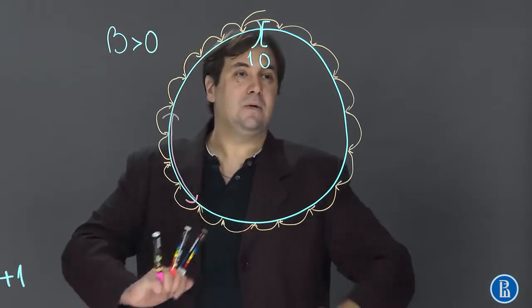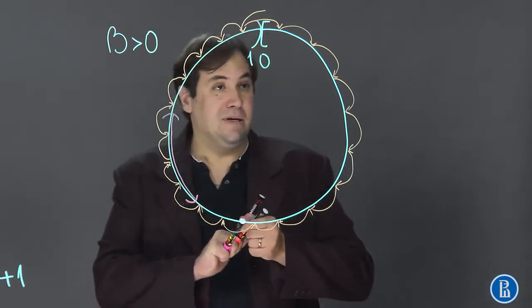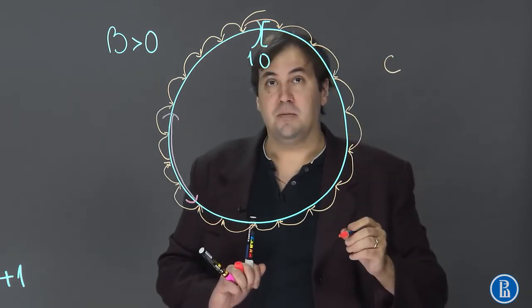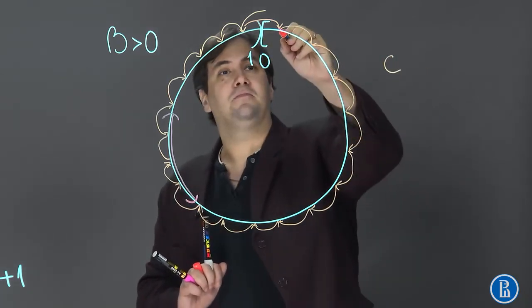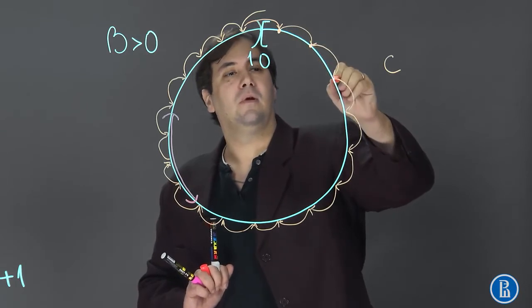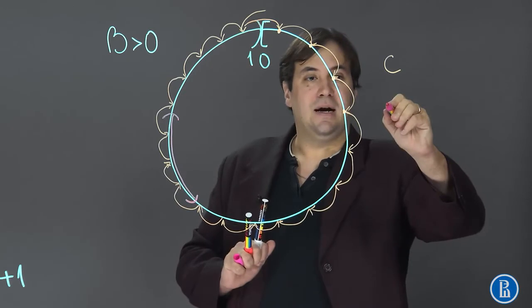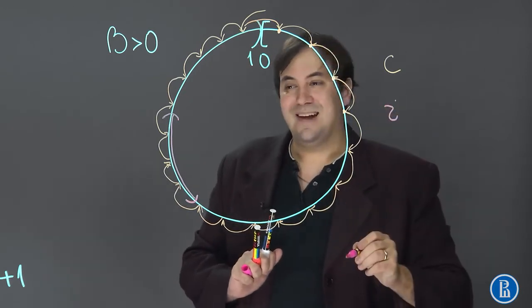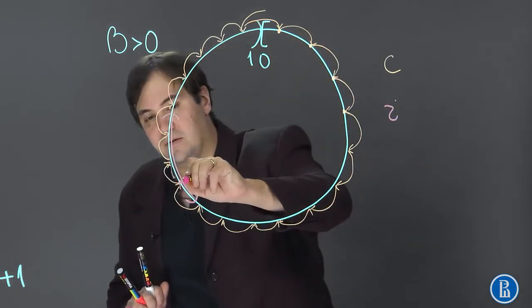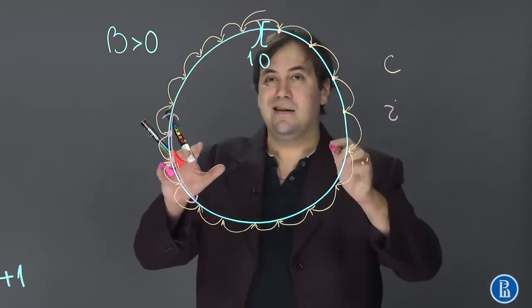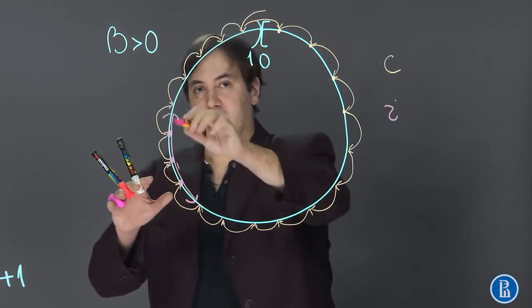So let's denote by C the number of marked points on the circle, and let's denote by I the number of marked points on the interval. All of these within one turn around the circle.